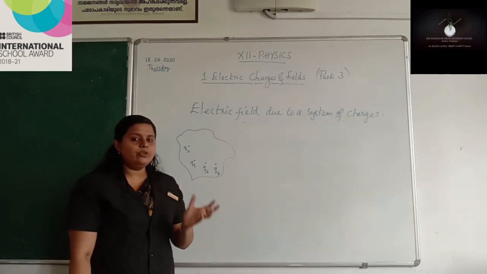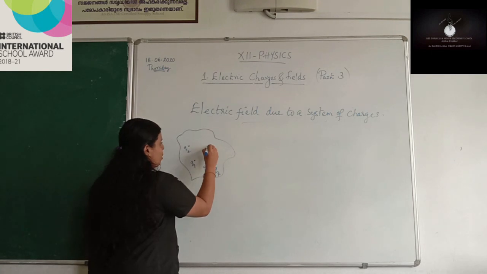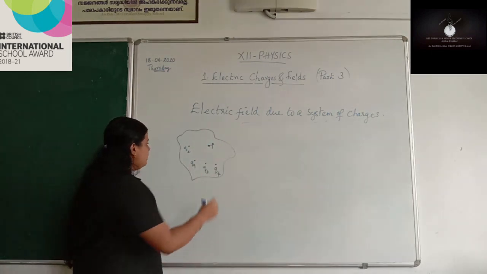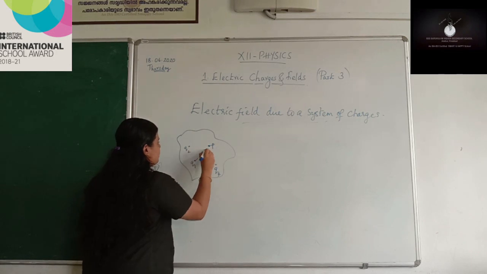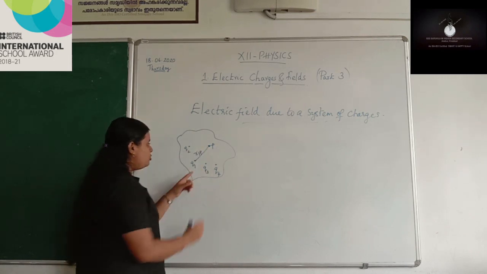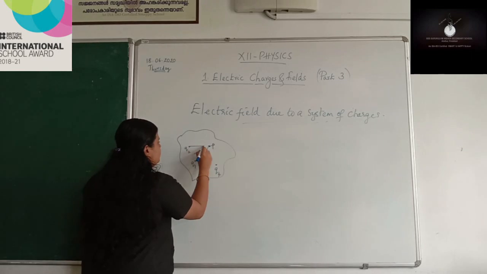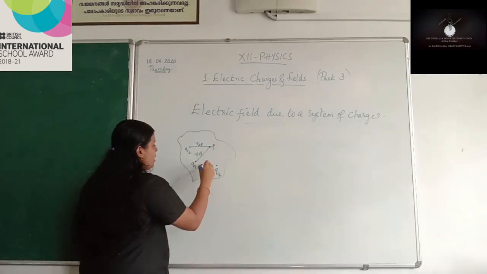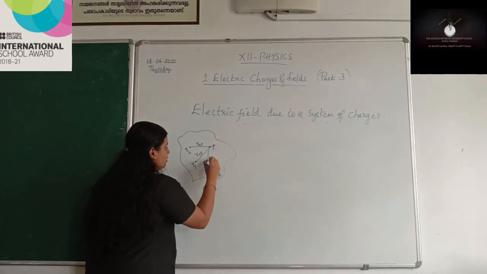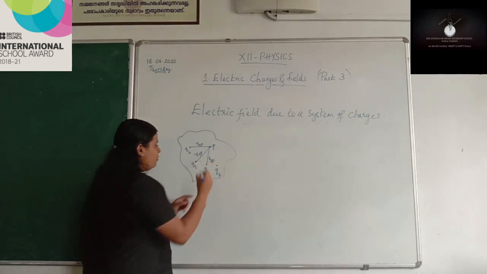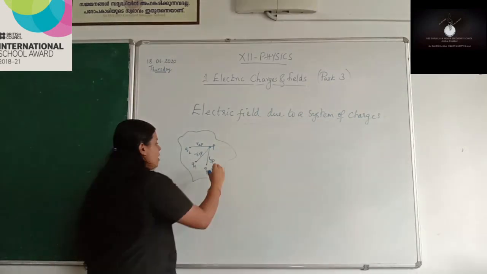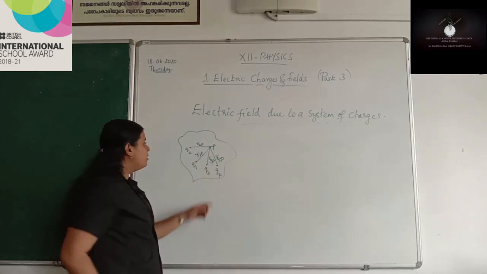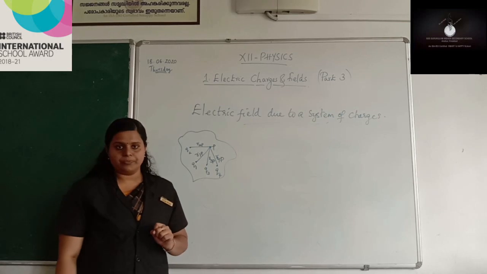Suppose we have to find the electric field at a point P, which is at a distance R1P from the charge Q1, R2P from the charge Q2, R3P from the charge Q3, and R4P from the charge Q4.